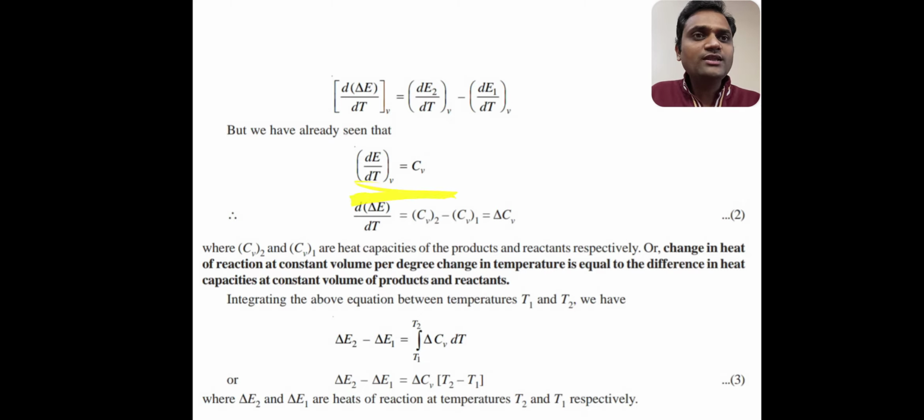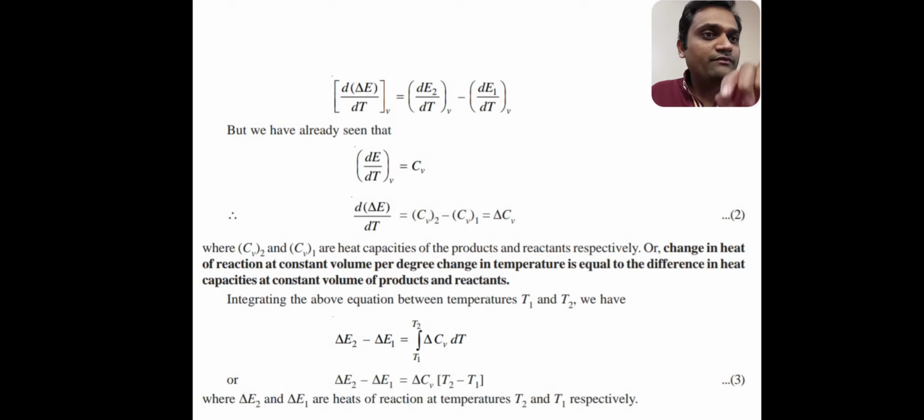So by using this relation, the first equation becomes d of delta E upon dT is equal to, for dE2 upon dT we can write Cv2, and for dE1 upon dT we can write Cv1. So d of delta E upon dT is equal to Cv2 minus Cv1, and the difference between Cv2 and Cv1 is nothing but delta Cv. Here Cv2 and Cv1 are heat capacities of products and reactants respectively.